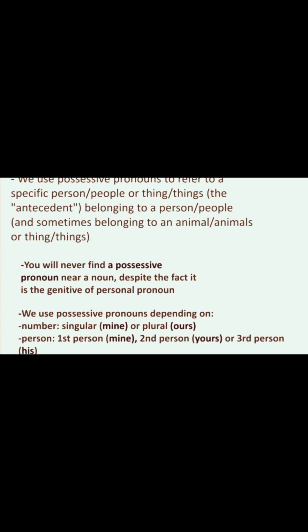Number mine singular होगा, plural ours, और अगर person हो first person हो तो mine, second person हो तो yours, और third person हो तो his या hers, and gender में हो तो male के लिए his और female के लिए hers.